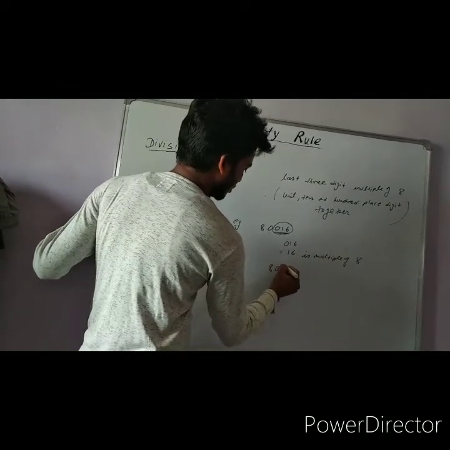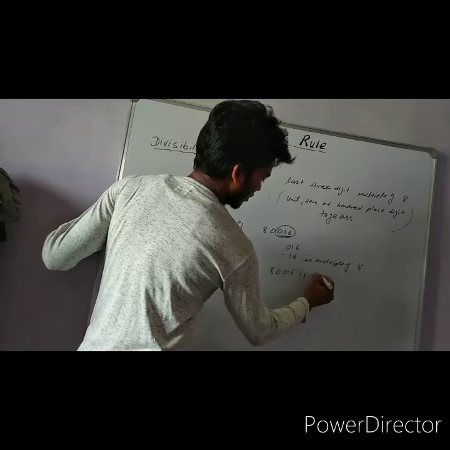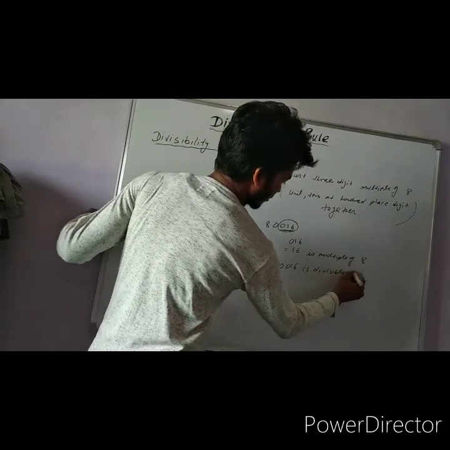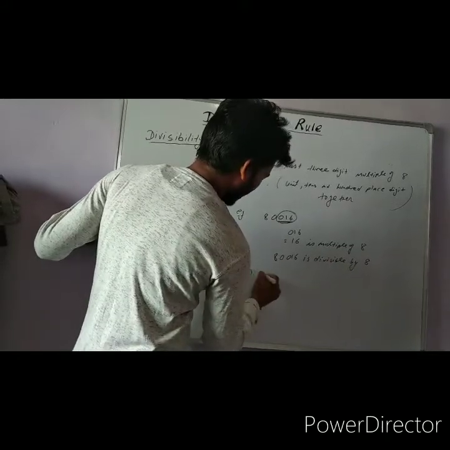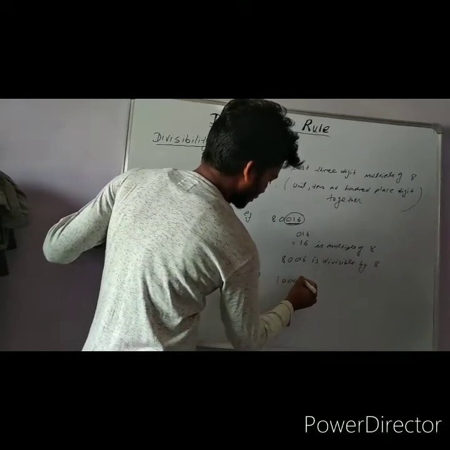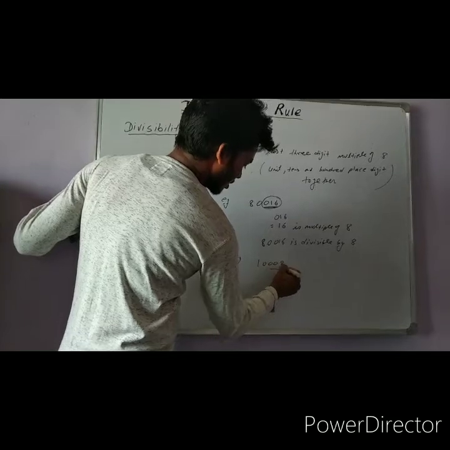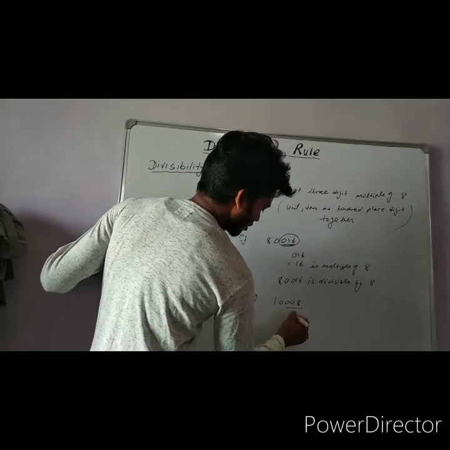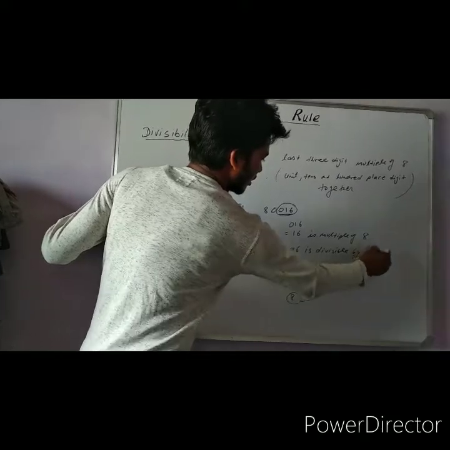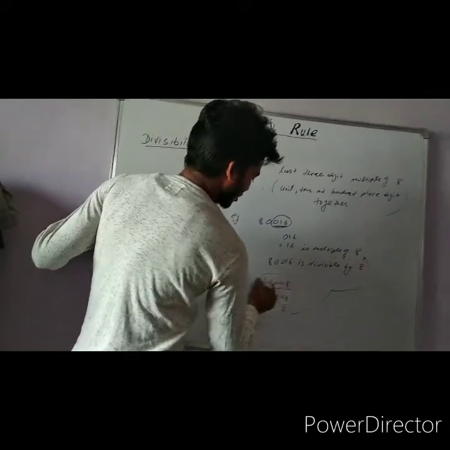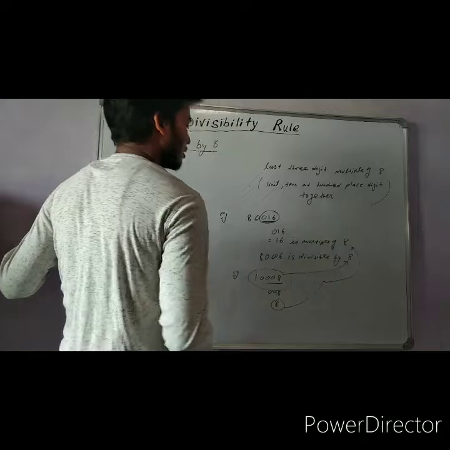Therefore 80016 is divisible by 8. Another example, 10008. Here the last 3 digits are 008, which is 8. 8 is a multiple of 8. Therefore this number is divisible by 8.